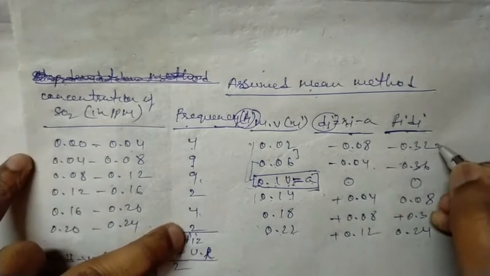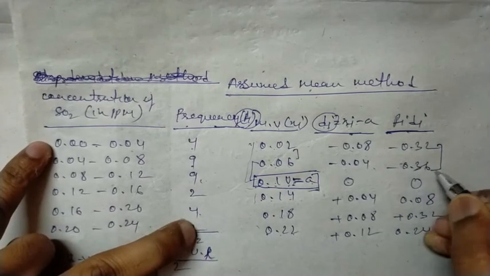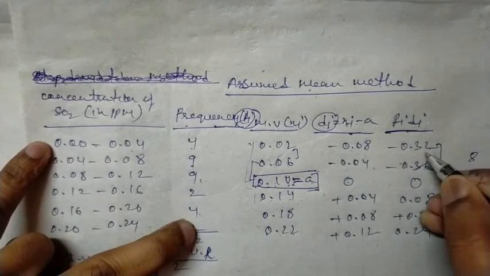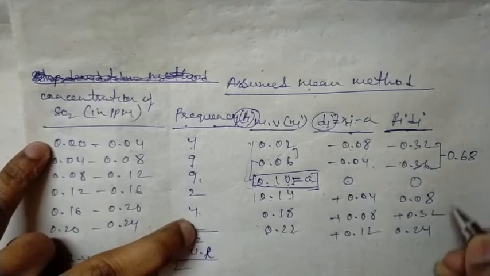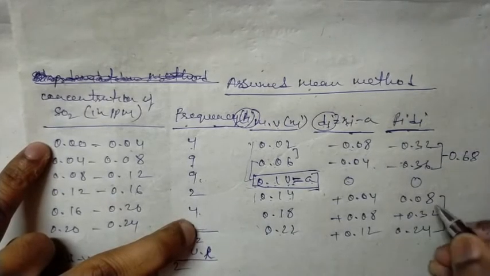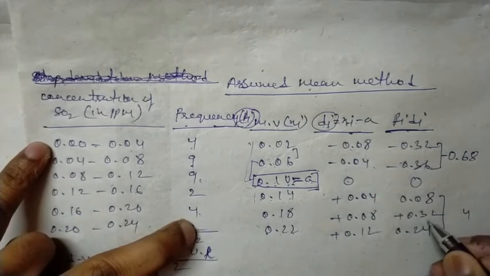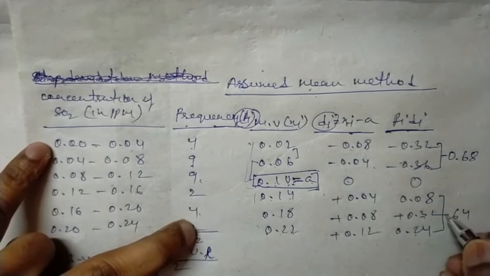After adding minus 0.32 and minus 0.36, what do we get? 2 plus 6 is 8, 3 plus 3 is 6, with minus. If I add the positive values also, 8 plus 2 is 10, 14, 1 carry, 3 4 5 6, it is plus.